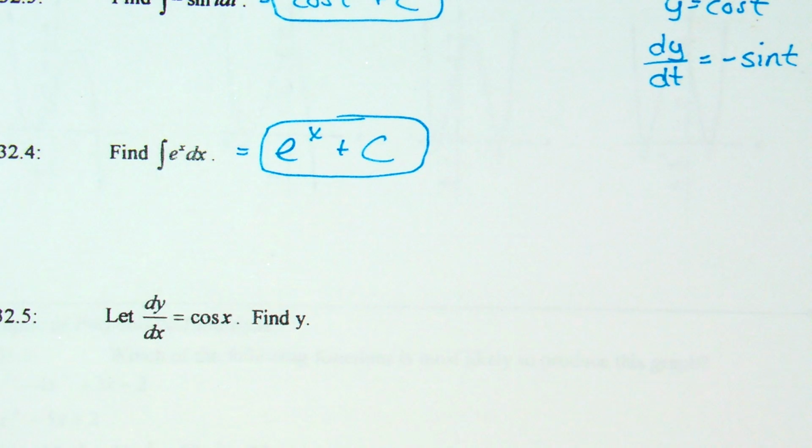Okay, last example. Let dy dx equal cosine x. Find y. What are they asking me to do? Okay, they're asking you to take the antiderivative again. It's just a different way of putting it, because think about it. Dy dx is the derivative of y.